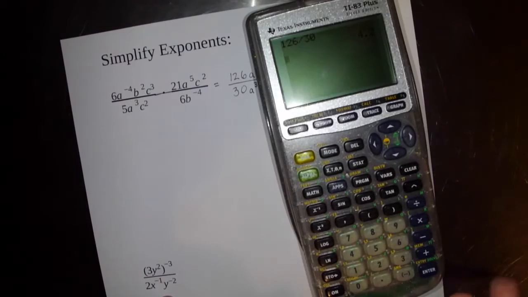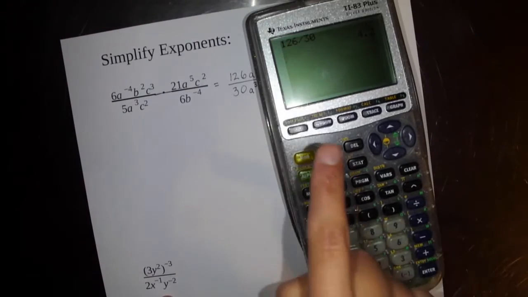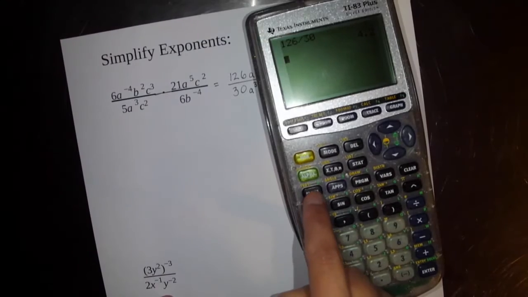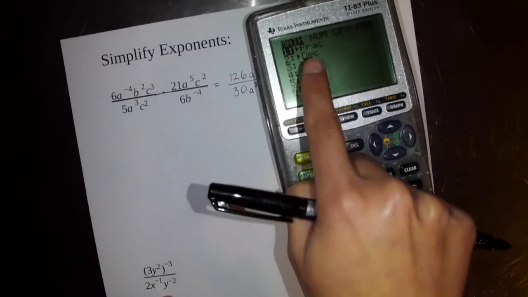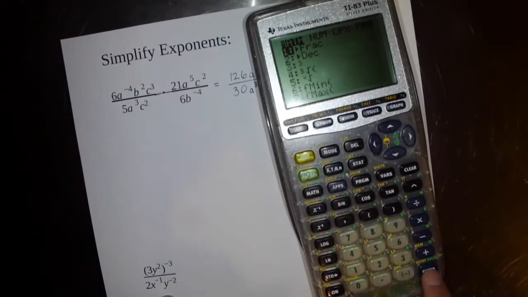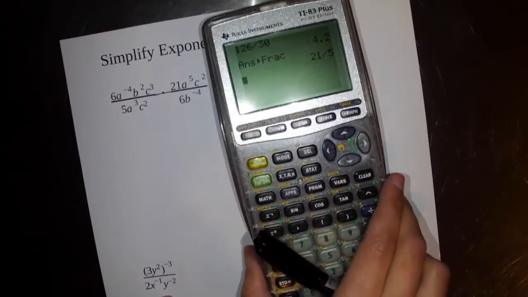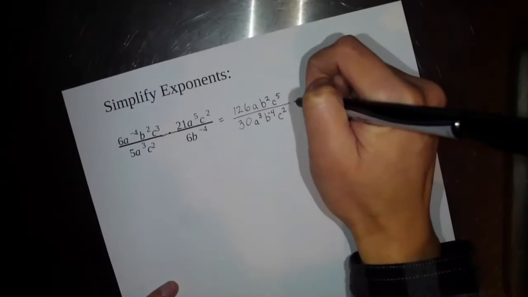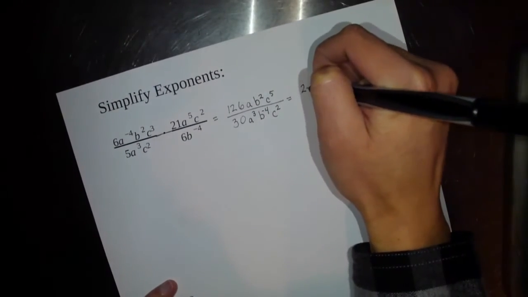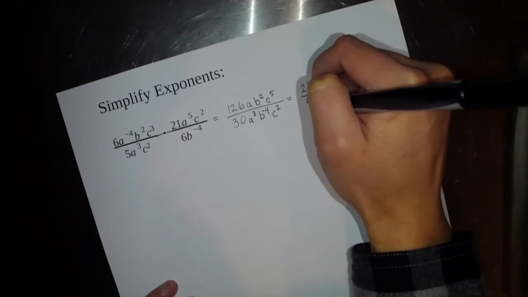So that gives me a decimal. I do not want a decimal, I want to reduce my fraction. So I hit the math button, and fractions, the first thing that comes up, I'll hit enter, and then enter again, and here is my reduced fraction of 21 over 5. So I'll go equals 21 over 5.